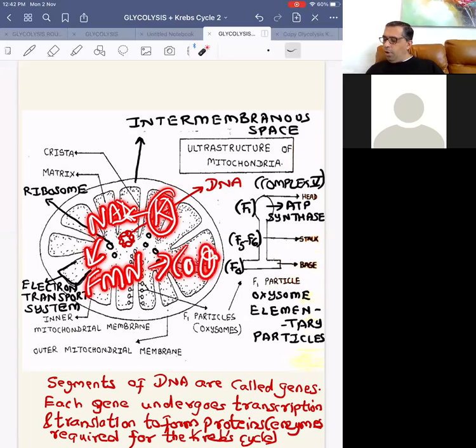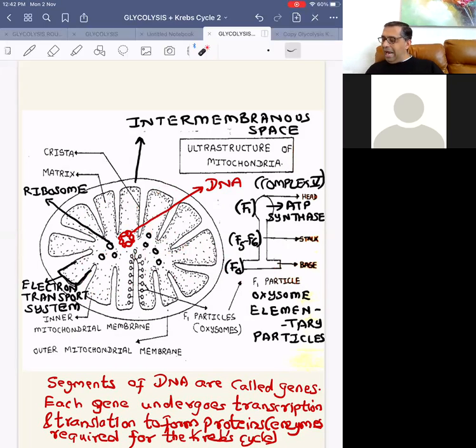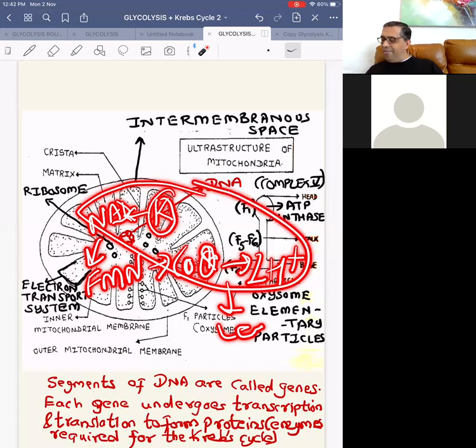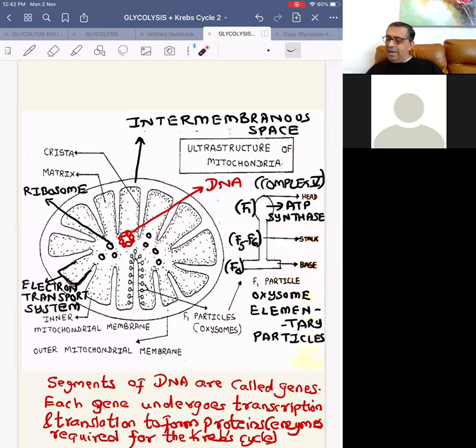Coenzyme Q. From coenzyme Q, it forms proton and electron. Where do the Krebs cycle, NAD, FMN, coenzyme Q and proton all remain? They remain inside the matrix.